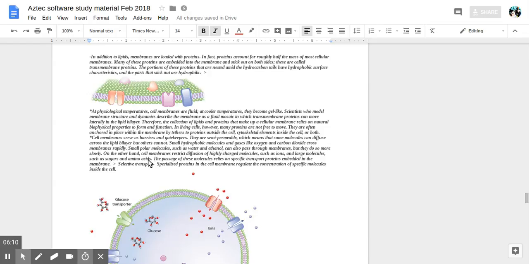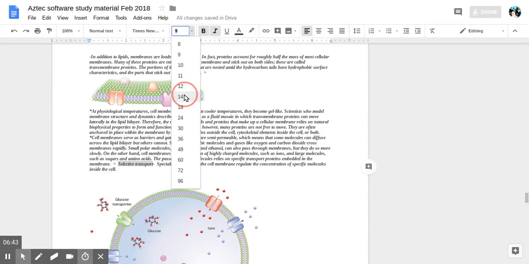On the other hand, cell membranes restrict diffusion of highly charged molecules such as ions and large molecules such as sugars and amino acids. The passage of these molecules on specific transport proteins embedded in the membrane is called selective transport. Specialized proteins in the cell membrane regulate the concentration of specific molecules inside the cell.